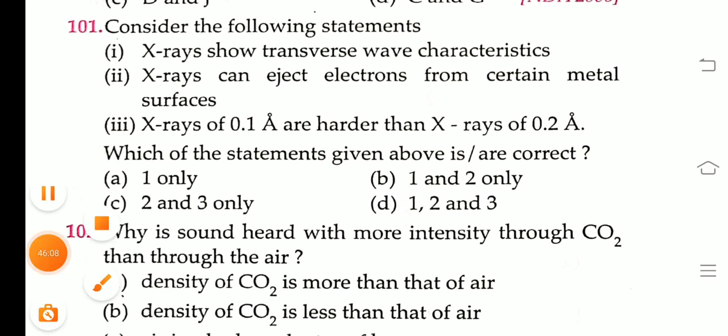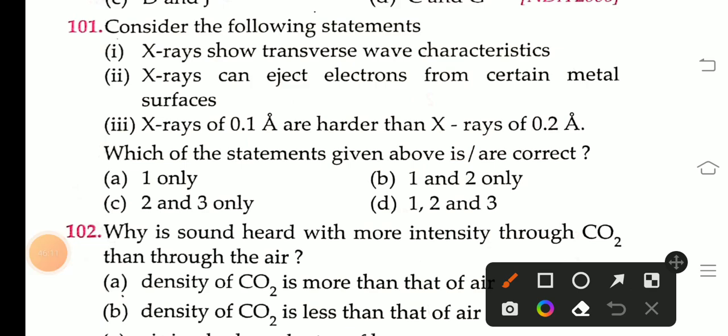Next, consider the following statements. X-rays show transverse wave characteristics. X-rays can eject electrons from certain metal surface. X-rays of 0.1 angstrom are harder than X-rays of 0.2 angstrom.